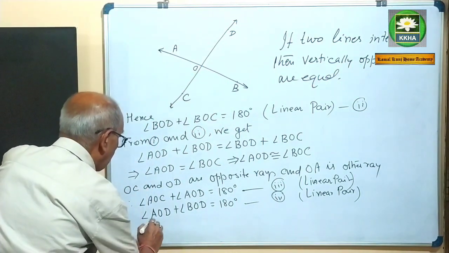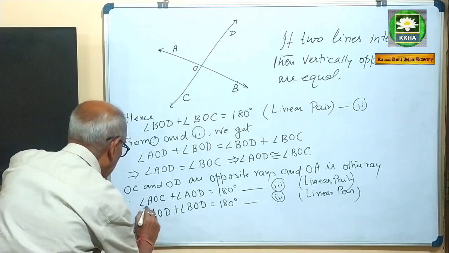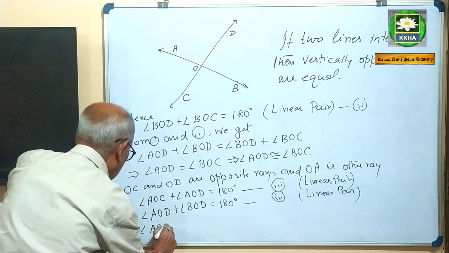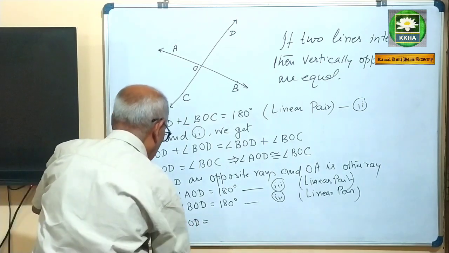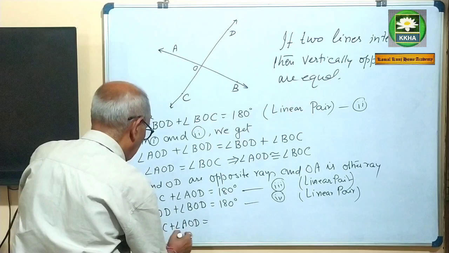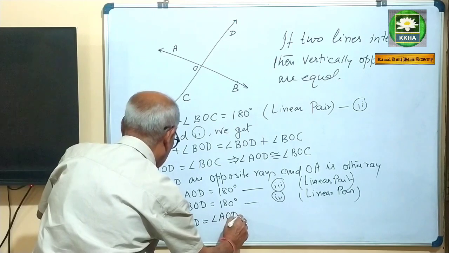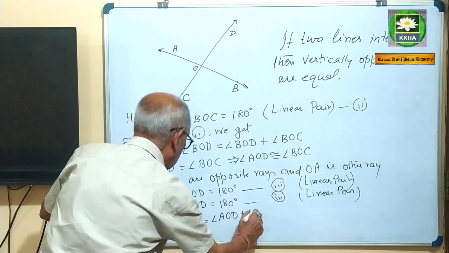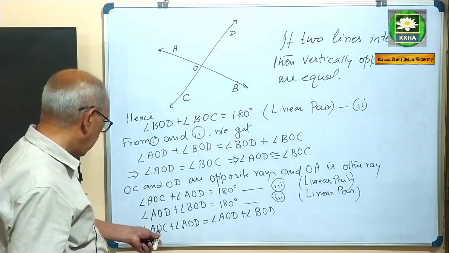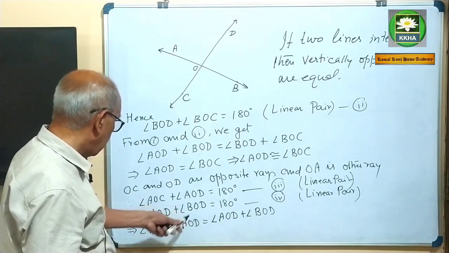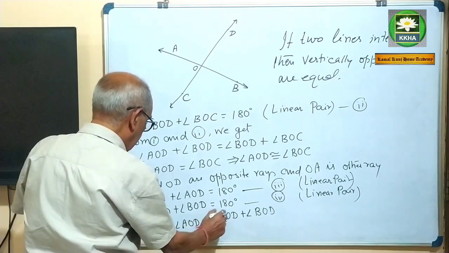Hence, this implies that angle AOC plus angle AOD equal to, from 3 and 4, angle AOD plus angle BOD. Here AOD is common, so it gets cancelled.